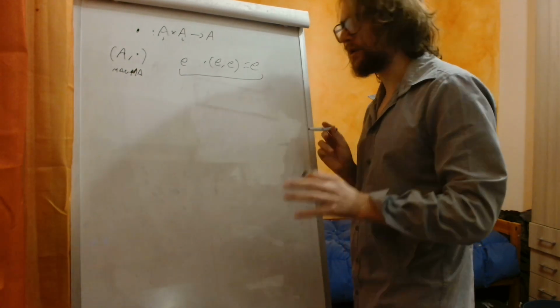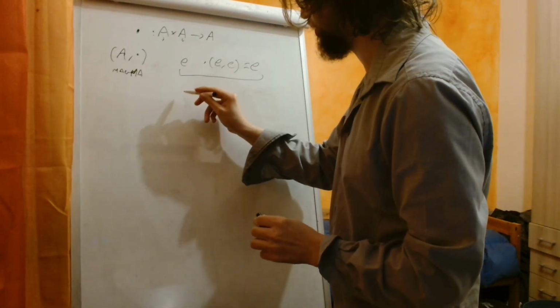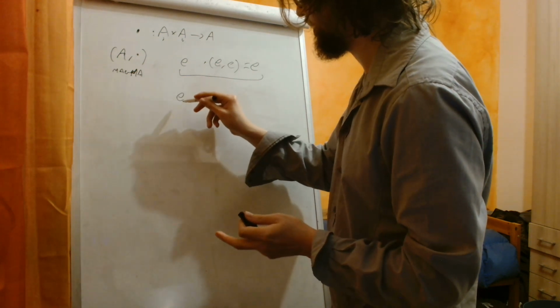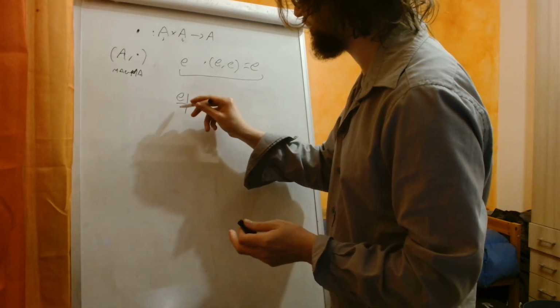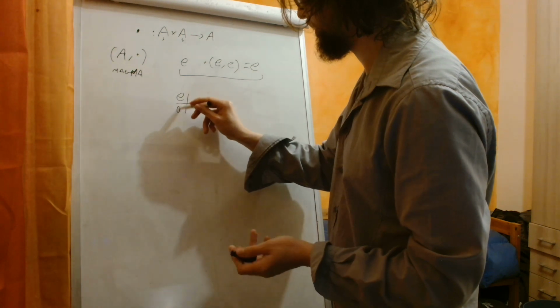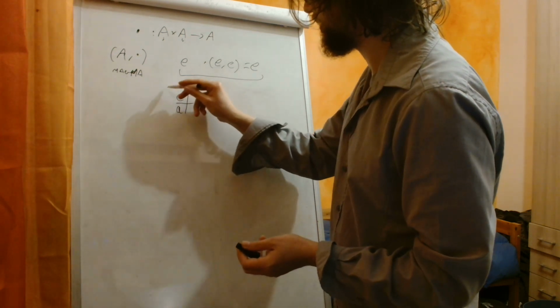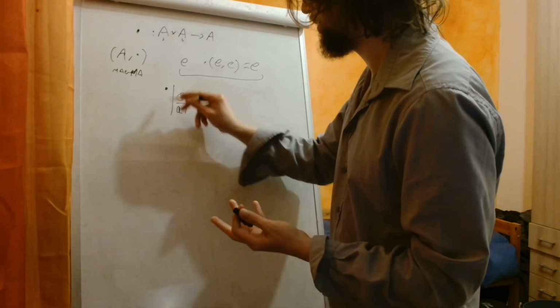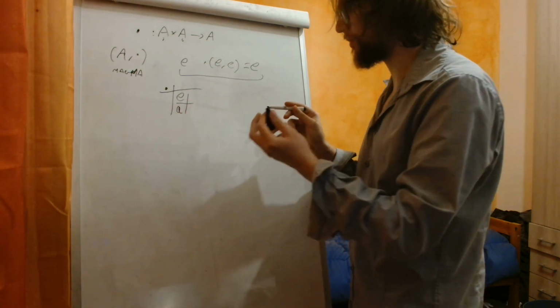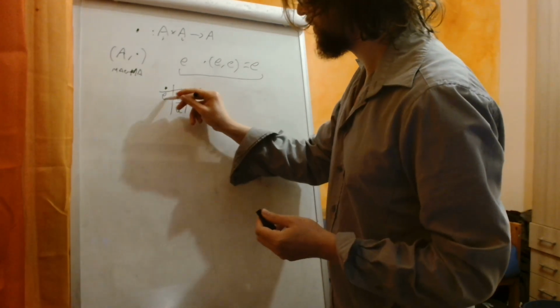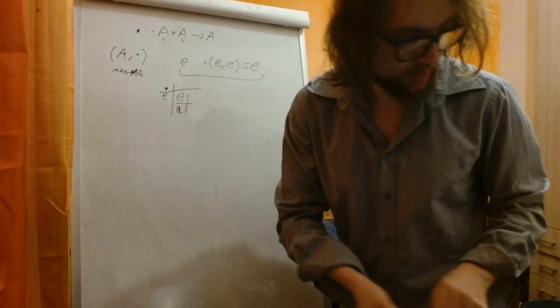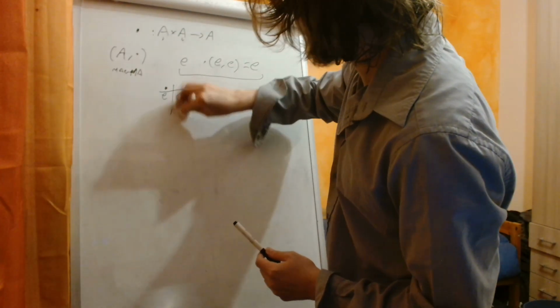And now let's consider a magma of two elements, like E and A. You can draw an operation diagram. Binary operation diagrams are drawn like this.